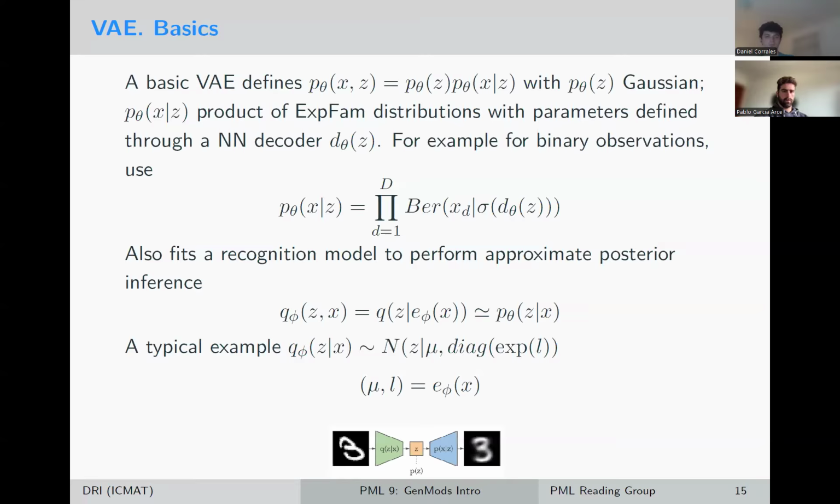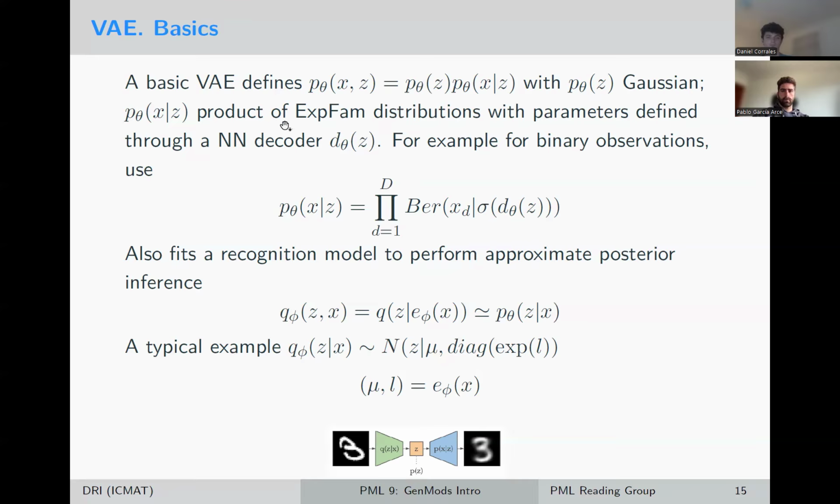So I gave the general definition, and this is a typical, basic, simple variational autoencoder, which has these features. That's the joint of the X's and the Z's, in the usual way. We put a Gaussian prior.